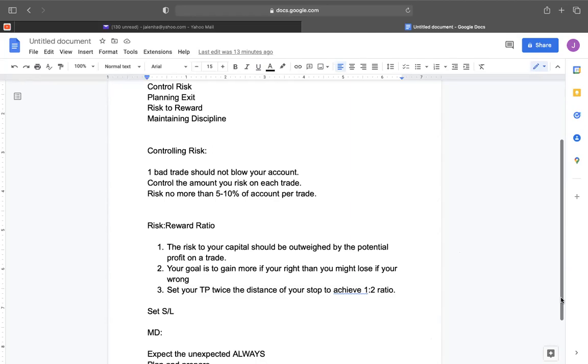If I'm buying something and I'm putting $1,000 in the trade, and I have a 10% stop loss on $1,000, that means I'm willing to lose $100. So basically, I want to take a trade that, well, we don't know what the stock is going to do, but I'm just saying the way we set it up with our levels and everything, I want to take a trade where I know I can gain more than $100.